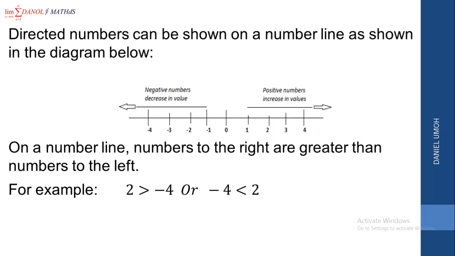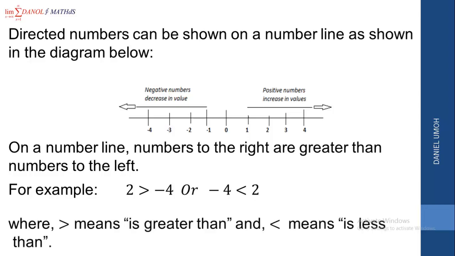Please take note of this if you are a beginner in mathematics. Many people are always confused about this sign, so you have to take note of it. Whenever you are dealing with a greater number, the bigger side faces the greater number. Then the smallest convergent point faces the smaller number. Okay, this means greater than, and this is a less than sign. Okay, let's advance.